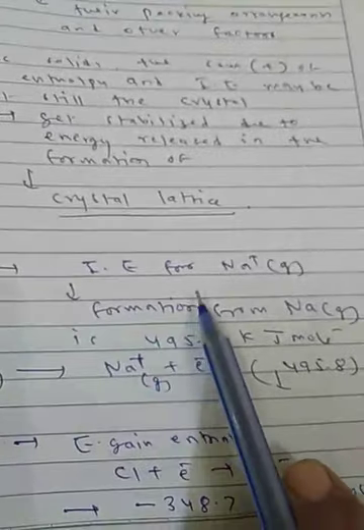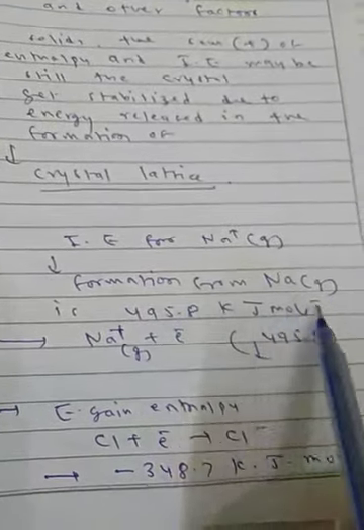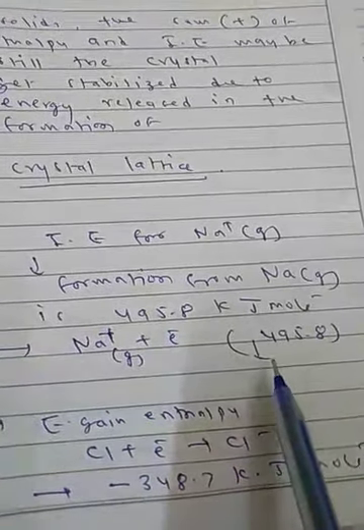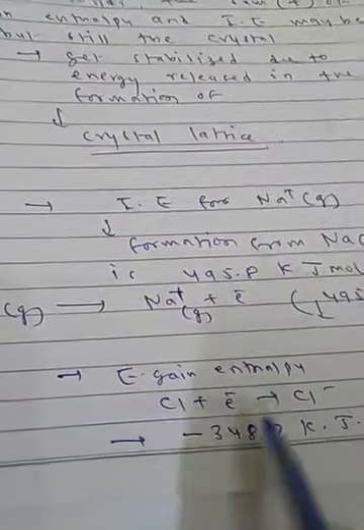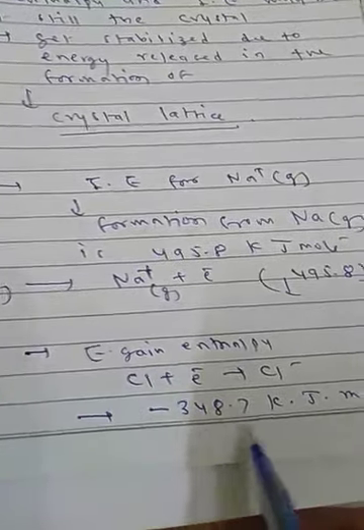Now in ionic solids, I am teaching you this part in a short way. For example, in NaCl, the ionization energy for Na gas formation, from Na to Na plus plus an electron, this energy we have to supply, this many kilojoules. Plus means endothermic. Electron gain enthalpy is released; minus means they are going to release.